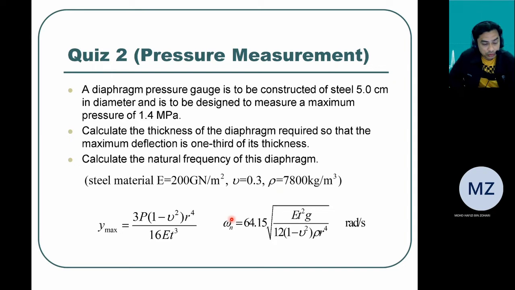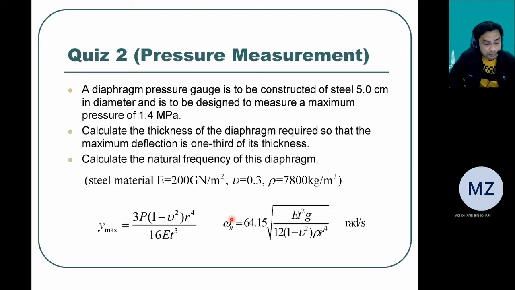The Poisson ratio is 0.3, and the density is about 7,800 kilogram per meter cube. And then we need to use this pressure transducer for about 1.4 megapascal pressure, so we need to calculate the thickness so that it can get the maximum deflection.